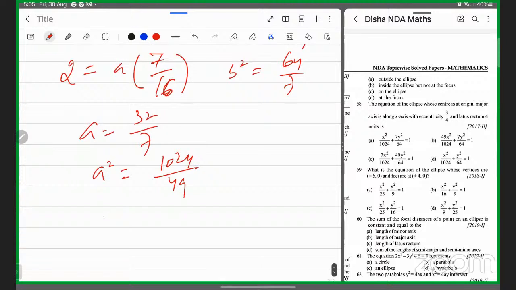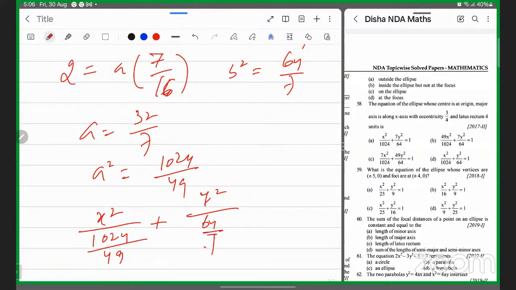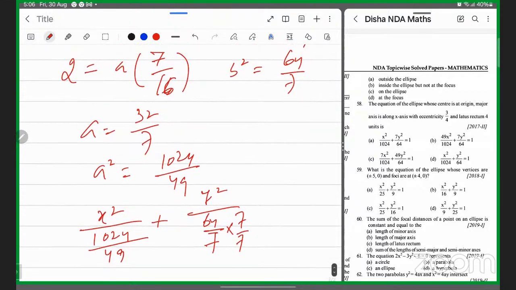Now the options are given as x square upon 1024/49 plus y square upon 64/7. Here you will multiply by 49 on both sides. Okay, understood? Any problem you have? Tell me.